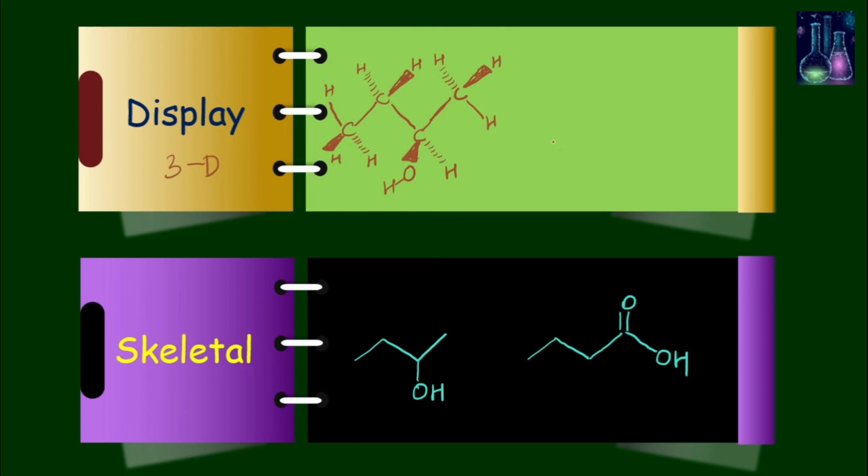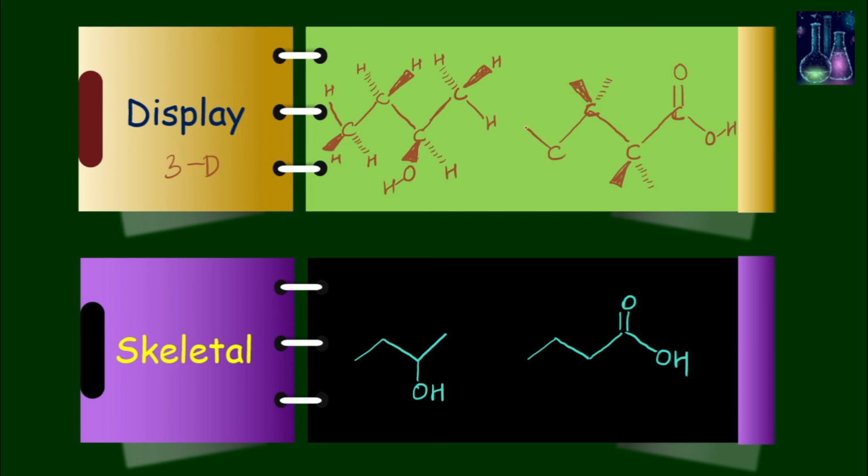Now in butanoic acid, again you have one carbon over here, second carbon over here, third carbon over here, and the fourth carbon is sp2 hybridized, so it is a planar molecule. So you will write it as a planar molecule only, and only the sp3 hybrid orbitals will be shown in this format, that is using a solid wedge and a dashed wedge.